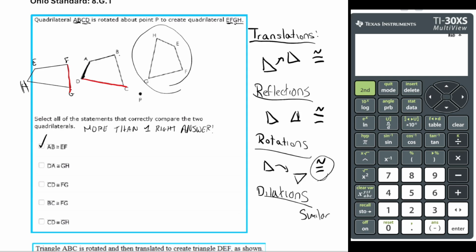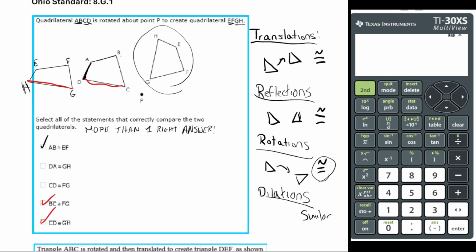Is that the same line? No. So that's not an answer. BC, this line, is congruent to FG, this line. Is that the same line? Yes. Check it. CD, that's this line, is congruent to GH, which is this line. Same line? Yes. Check it. That's it.